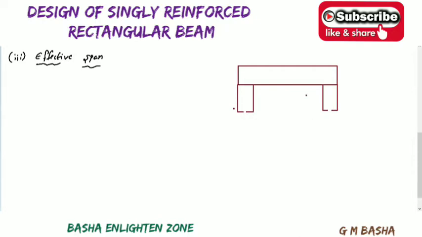So the column is continuous here, so it is better to mention like this. So this is the column, and here I am showing the dia bar also. So this is the beam. So what is the effective depth?